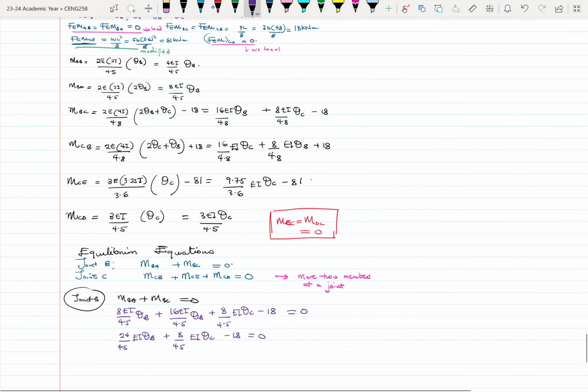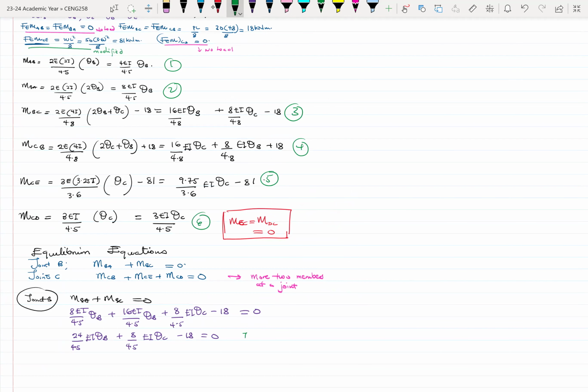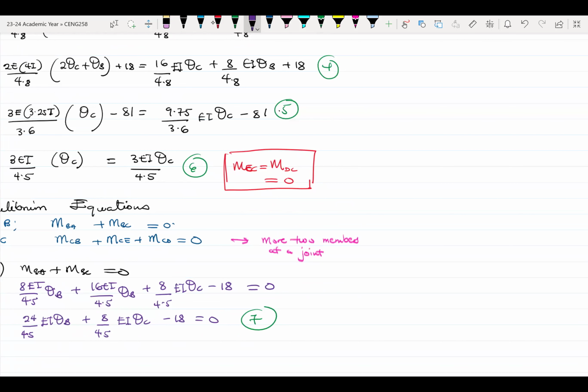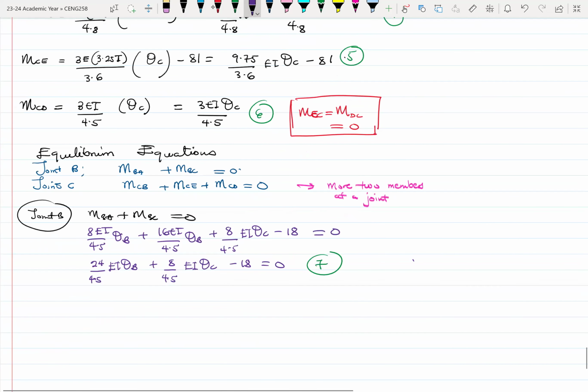Let's label all our equations: 1, 2, 3, 4, 5, 6, and this is 7. Here you will be writing a lot of equations. That's the downside to the slope deflection method.